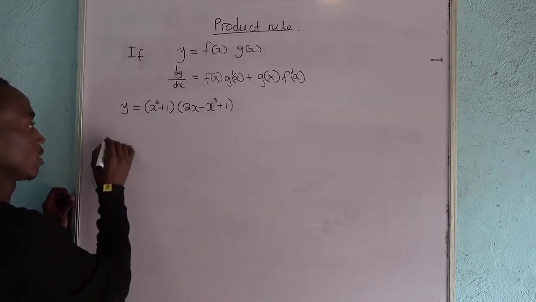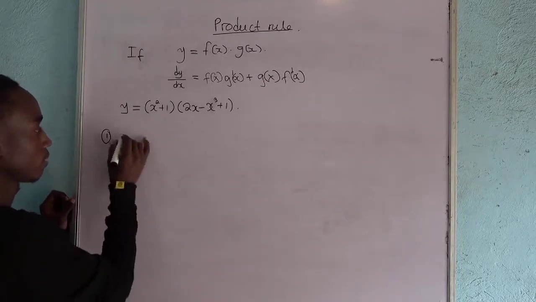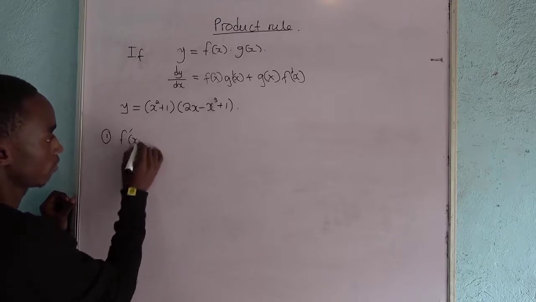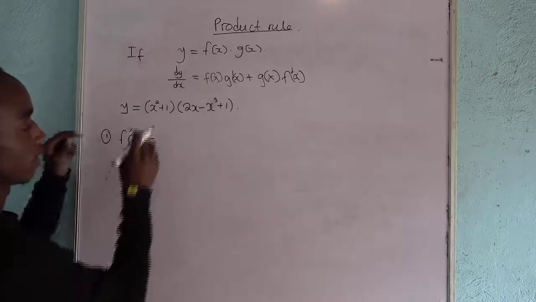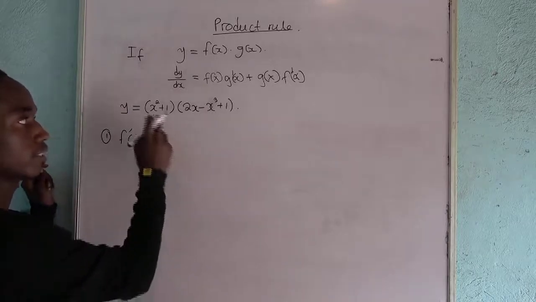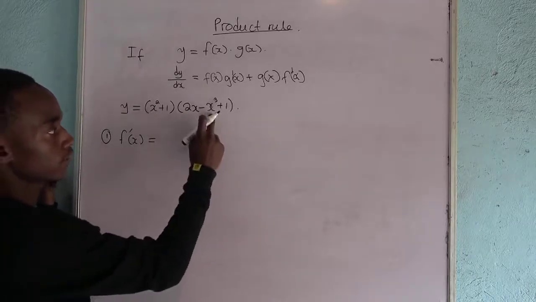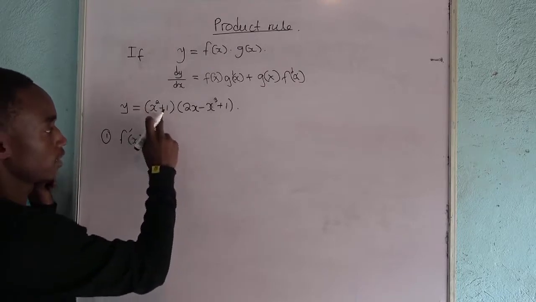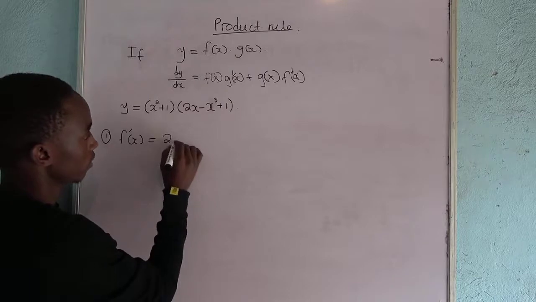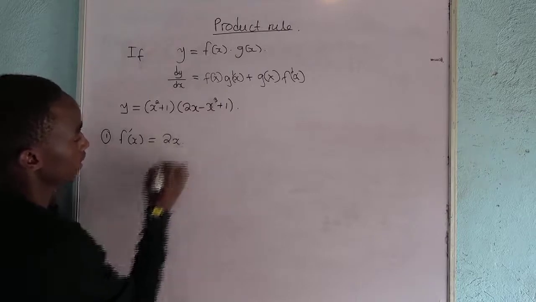For a start, what is f prime of x? We need to find this one, f prime of x. These two, you can treat any of them as f of x and g of x. So for a start, we are going to take this one as f of x. Differentiating this one, we remain with 2x like that.